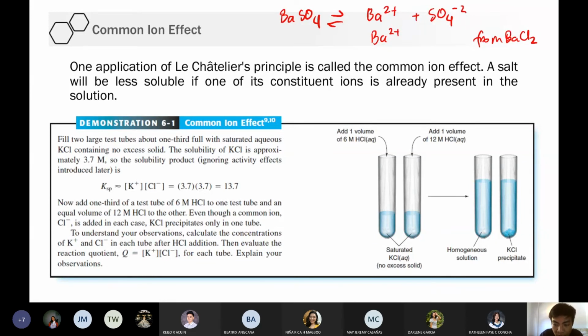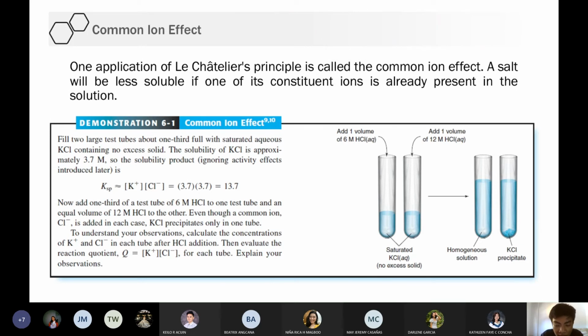Since we have more products than the reactant, it will shift the reaction to the left side. So that means barium sulfate will be less soluble. Again, this is only true if you have common ions. It could either be the barium 2 plus or the sulfate ion.